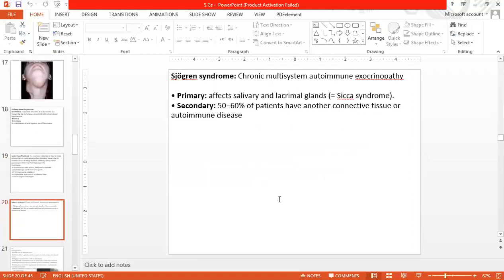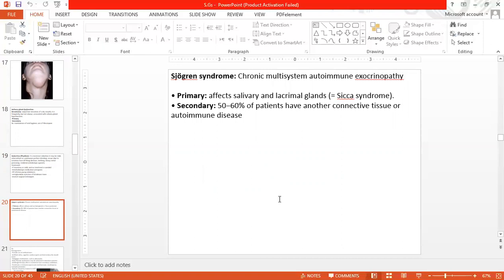For Sjogren syndrome, as you know, it is a symptomatic disease causing dry mouth, which may also be associated with autoimmune disease or autoimmune exocrinopathy. It may be either primary or secondary.